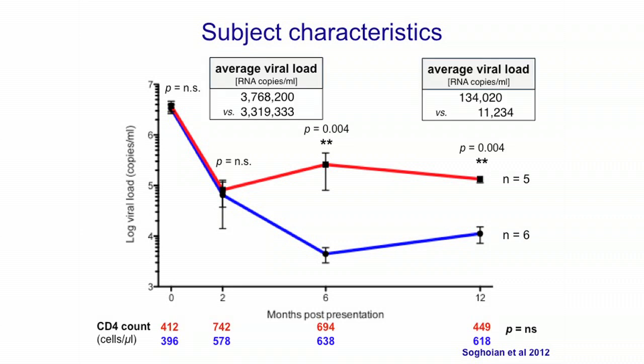And here are the values: almost the same average viremia, no difference at 2 months or baseline, but then we have a significant difference in viral load at both the 6 month and 12 month time points. It's also important to point out that there's actually no difference in both of the groups in terms of CD4 T cell count.